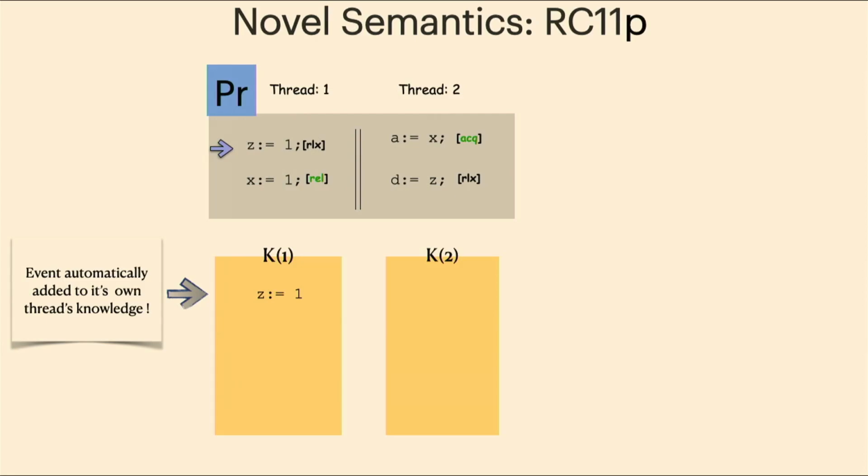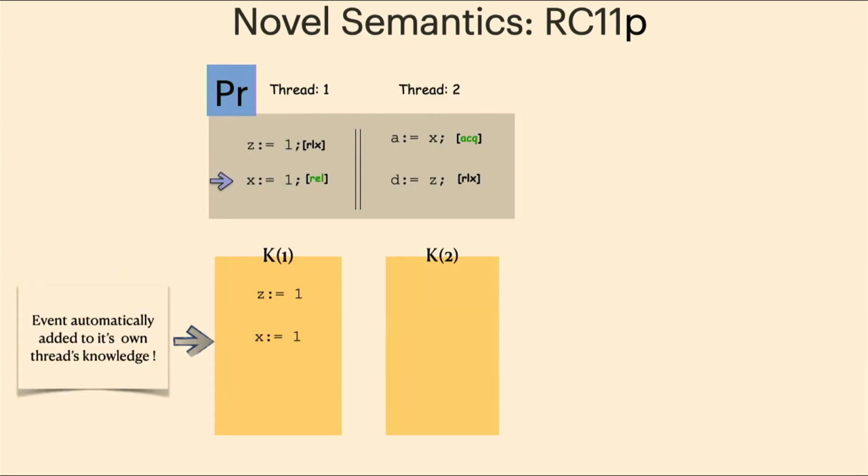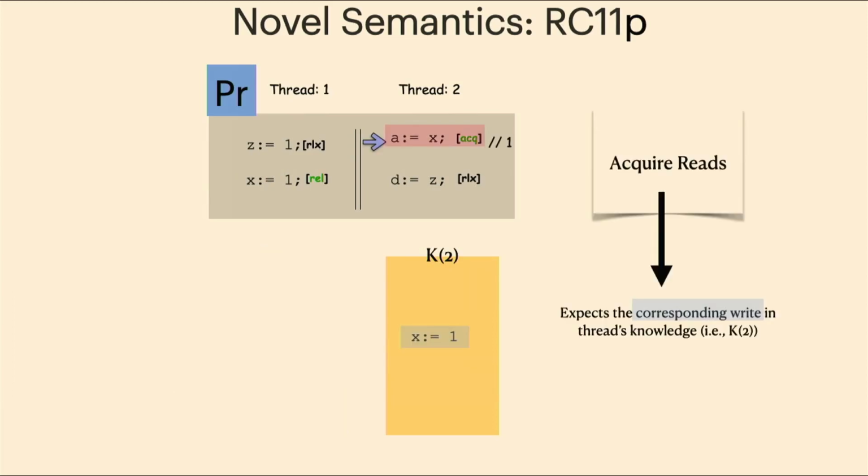So for example, when this happens, this gets added here, and when this happens, again it adds this to the knowledge of thread 1. And when this release-acquire tries to happen here, it cannot happen because our new semantics now requires that the corresponding write be in the knowledge of this thread. Only then does it allow this acquire to happen.